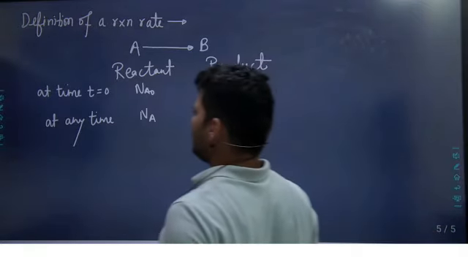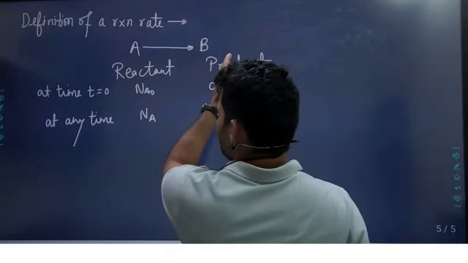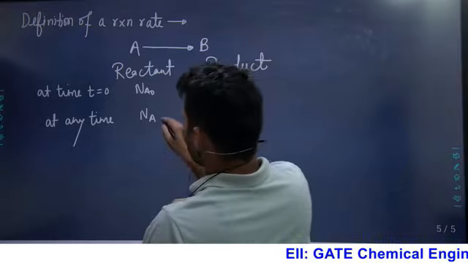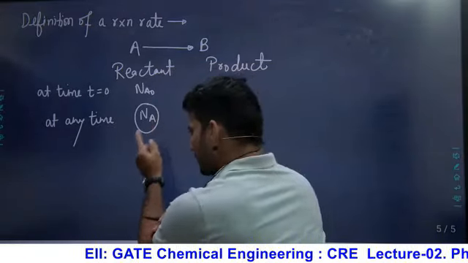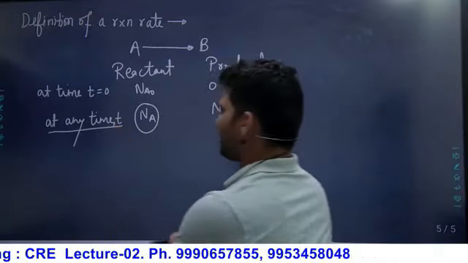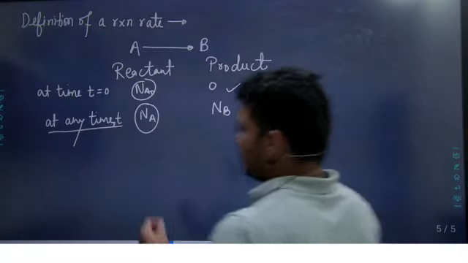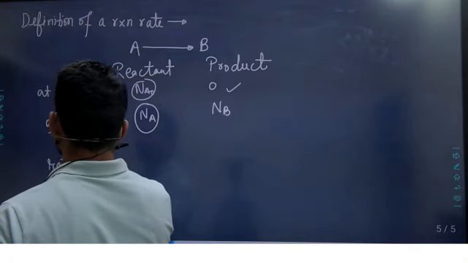At any time t, reactant A will react into product B. Now the remaining mole is Na, the remaining mole of A at time t, and Na0 is the starting mole. So we define a term called the rate of disappearance of A.